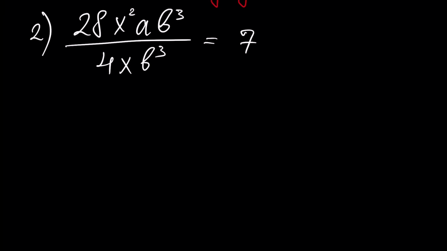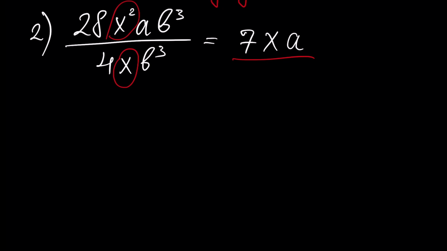X squared divided by x is just x, and a we rewrite, and b to the power 3 divided by b to the power 3 is b to the power 0, which is 1. And we do not write 1. So this is a final answer of our division.